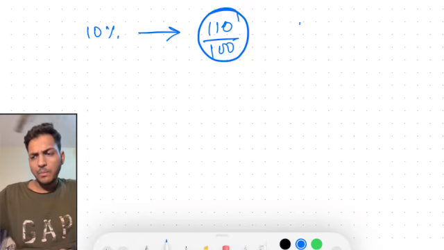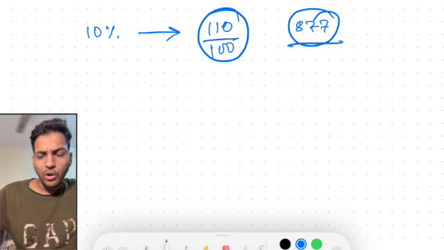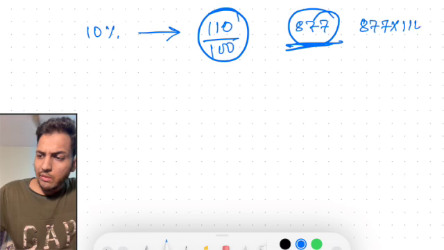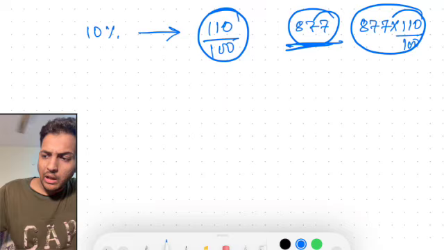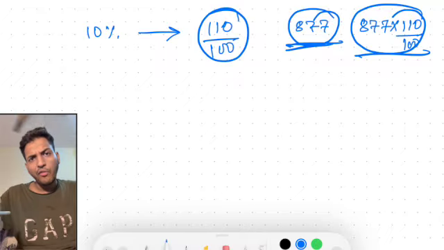That means any number, suppose you have the number 877 and you want to increase 10% in this number. How will you do it? 877 into 110 by 100. Very simple. Directly you will get the final number.